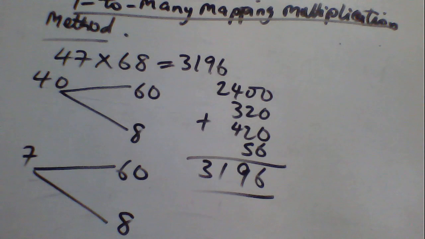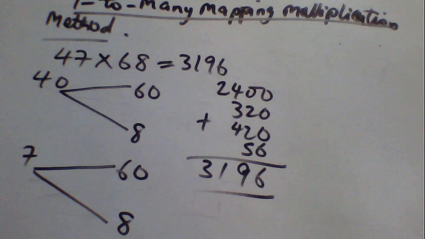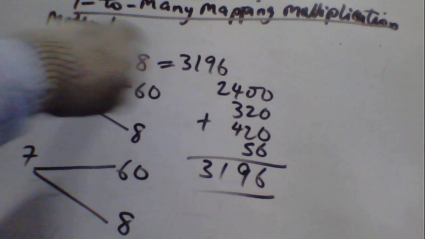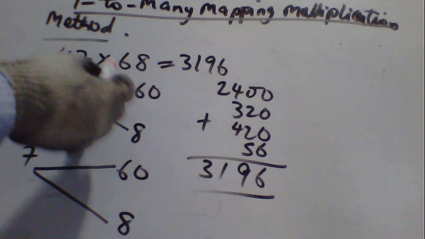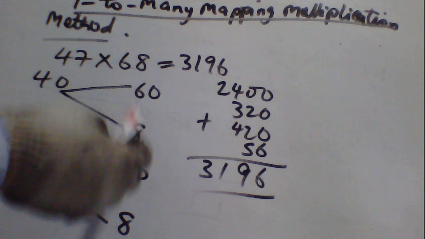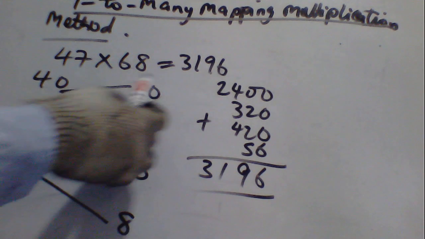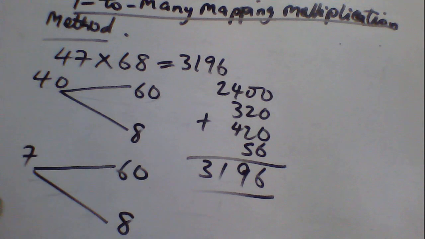So I call it the one-to-many mapping multiplication method. One mapping to many. As many as there are numbers here, maybe you have another one here, it will map to 3. The reason is to split it into its member groups. This is a member of tens, this is a member of what? Units.